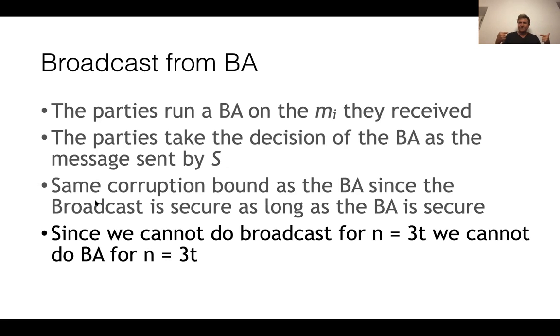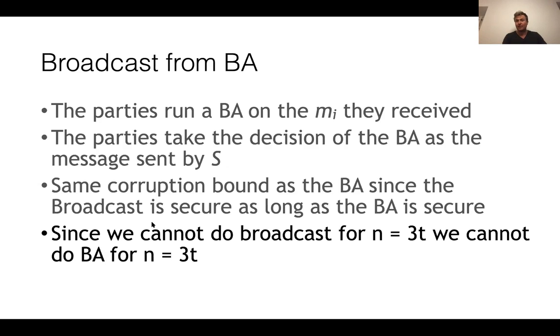So I could do broadcast with 1/3 corruptions, and I know I can't. I talked about that in a previous video. So the impossibility results from broadcast jump directly to Byzantine agreement and the other way, so they're possible whenever the other one is possible.